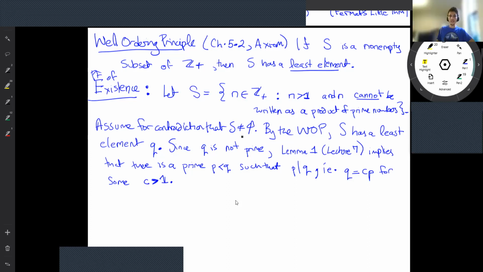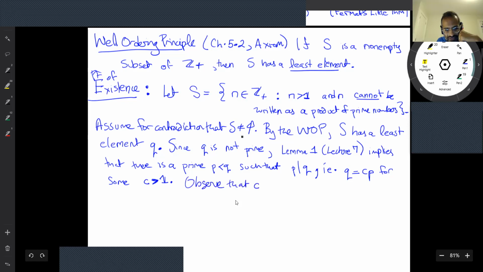C must be in S, because if C wasn't in S, then C could be written as a product of primes, and then Q could be written as a product of those primes times P. Exactly. So observe that this number C has to be in S, since otherwise C could be written as a product of primes.